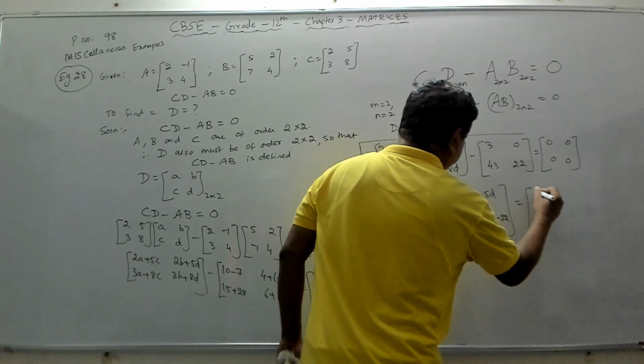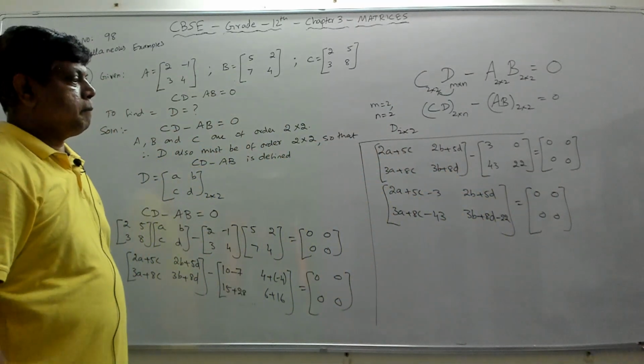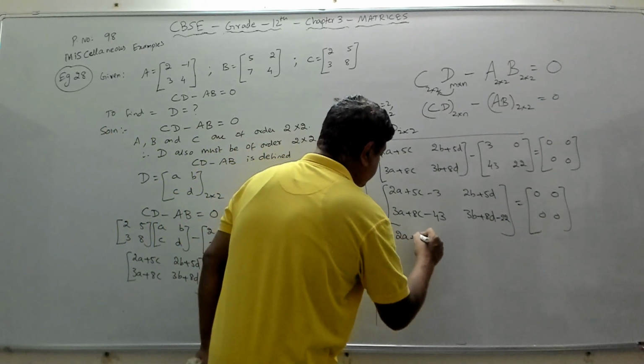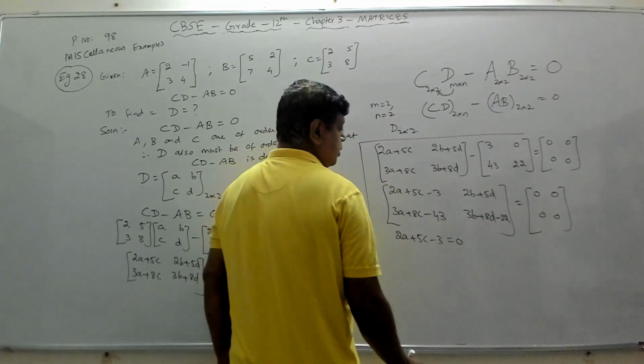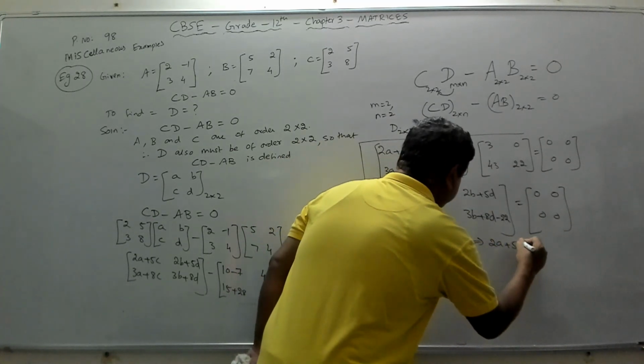That is equal to 0, 0, 0, 0. So this gives you an equation 2a plus 5c minus 3 equal to 0, which implies 2a plus 5c equal to 3.